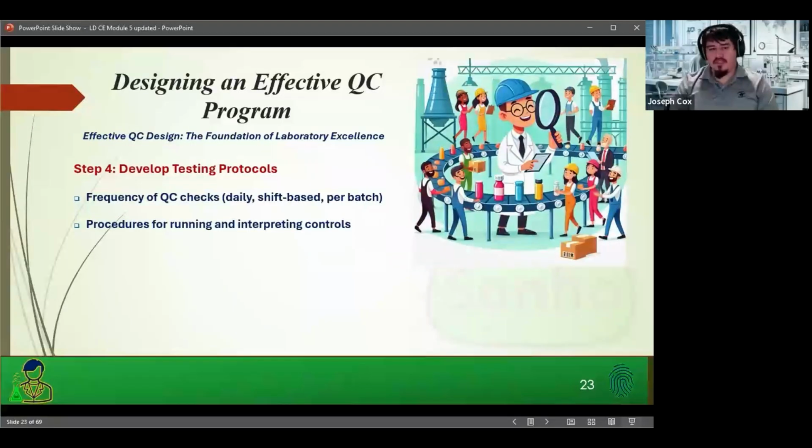The stability on those analytes, typically the calibration lasts at minimum 8 hours, some 24 hours, some 7 days, some 14 days on some analyzers. They don't require frequent calibration, but if your QC fails, then you'll need to recalibrate. And then per batch, like I said, per extraction, that often happens.